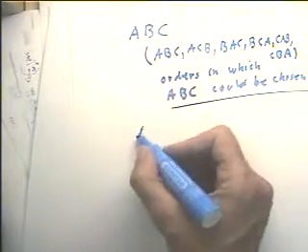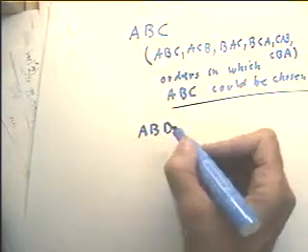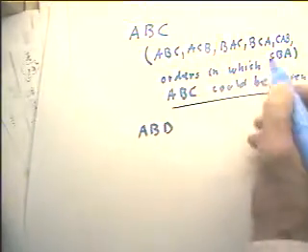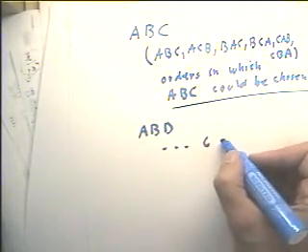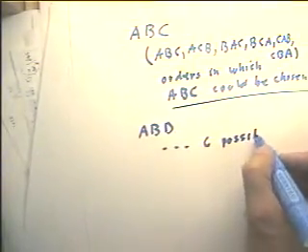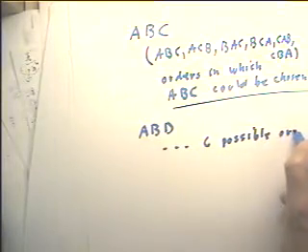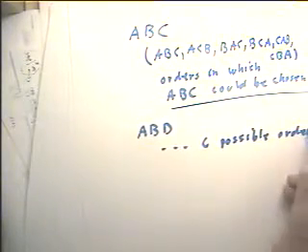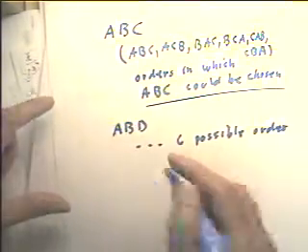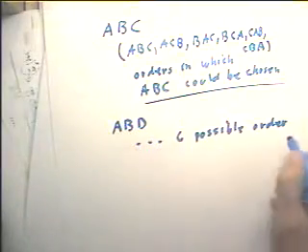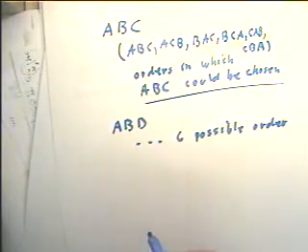And then our next combination was A, B, D. Well, there are 6 orders here. We could list them. There are 6 possible orders, right? And off on another page there, but you see what we mean. For every combination, there are 6 possible orders in which the combination could have been chosen.